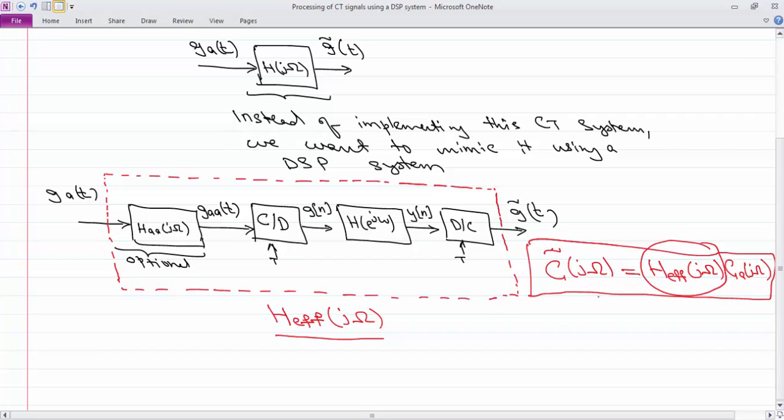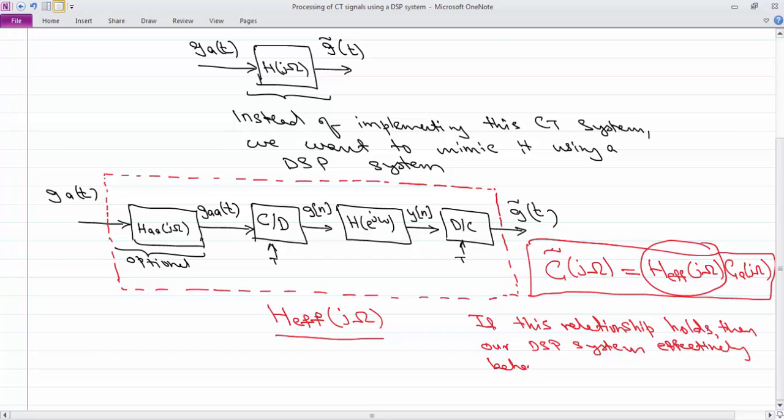If your input-output relationship can be written like this, then you know that your DSP system is acting as a continuous time LTI system. So if this relationship holds, then our DSP system effectively behaves as a continuous time LTI system.